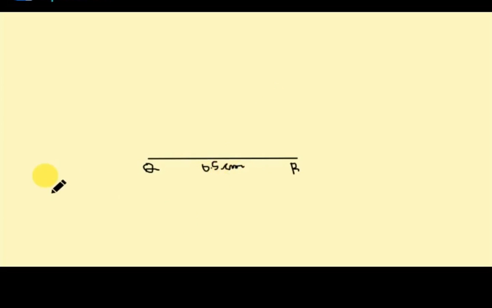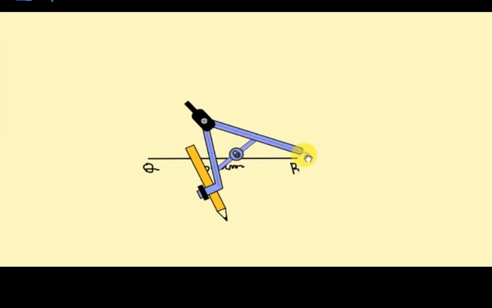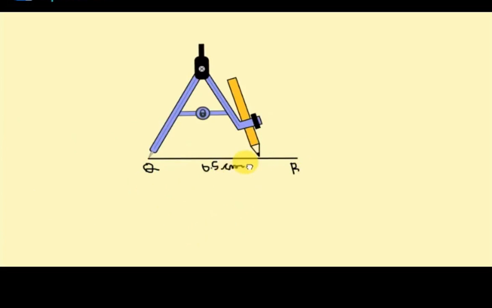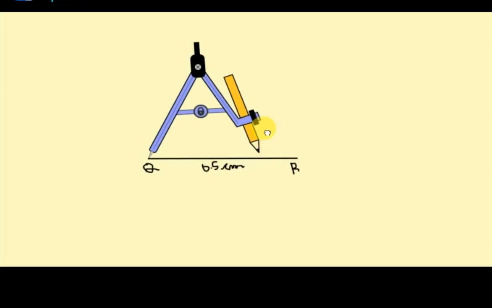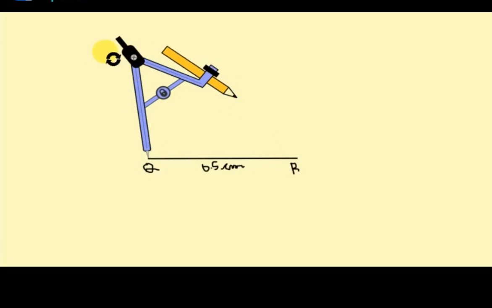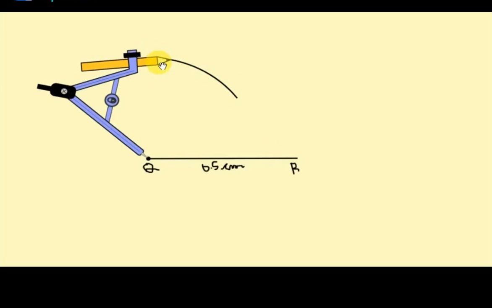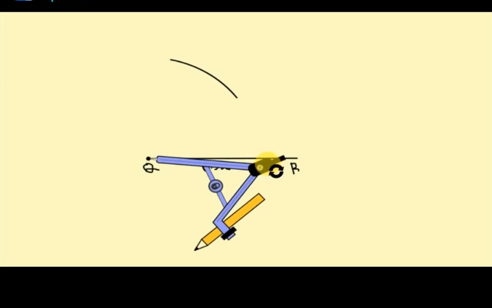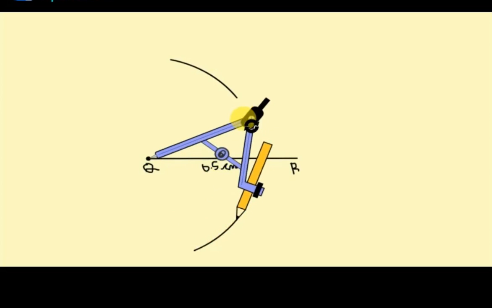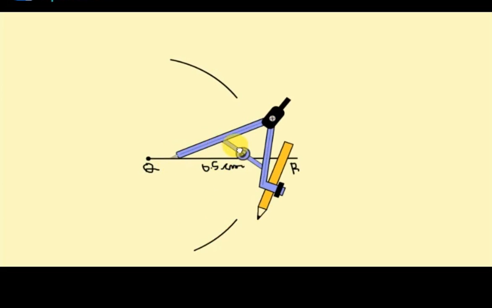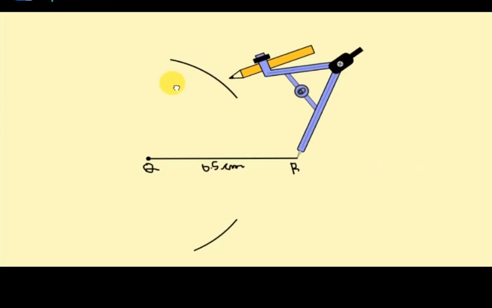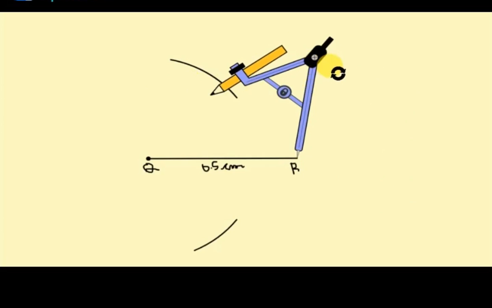Now take your compass and bisect the QR line. Placing the compass on point Q, measure more than half of the QR line and make an arc above and below the line QR. Now place your compass on point R and, with the same measurement, make an arc above and below the QR line.